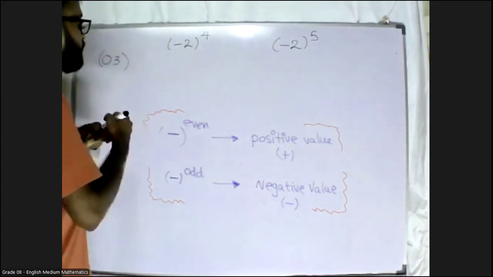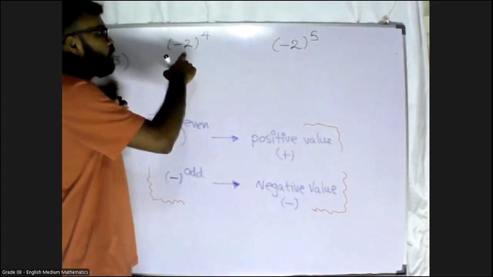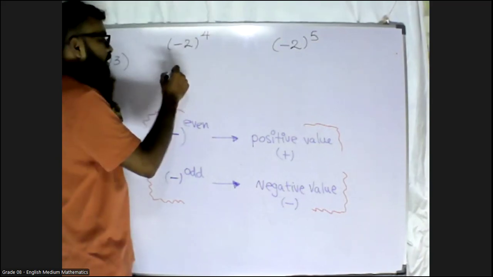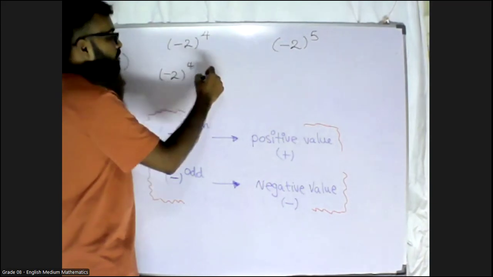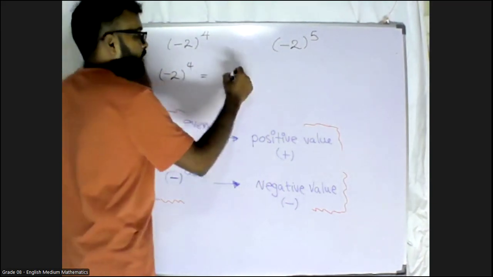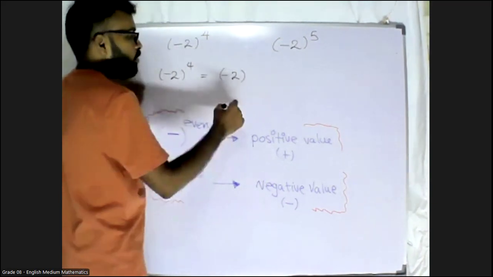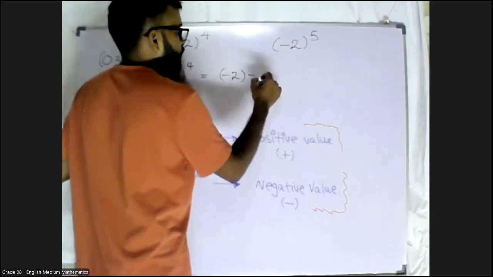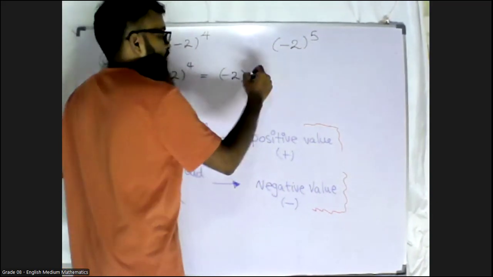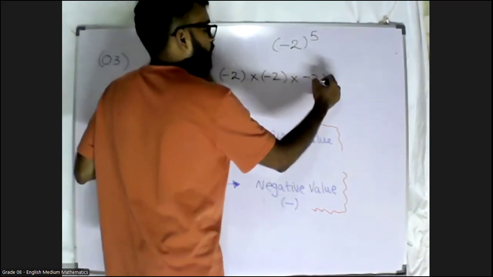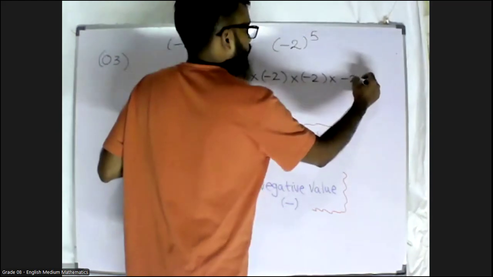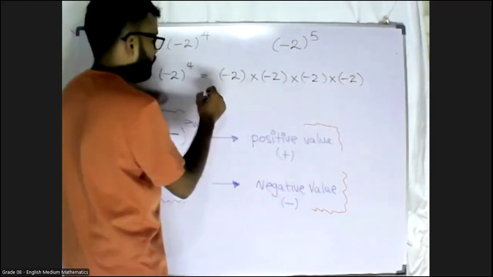So, how do you obtain the value for negative 2 to the power 4? You are going to multiply negative 2 four times: negative 2 multiply negative 2 multiply negative 2 multiply negative 2. What would be the answer?